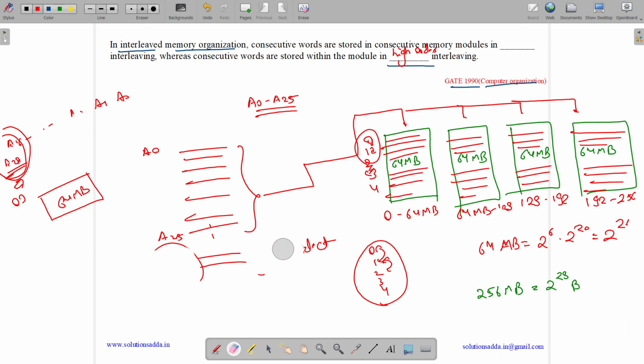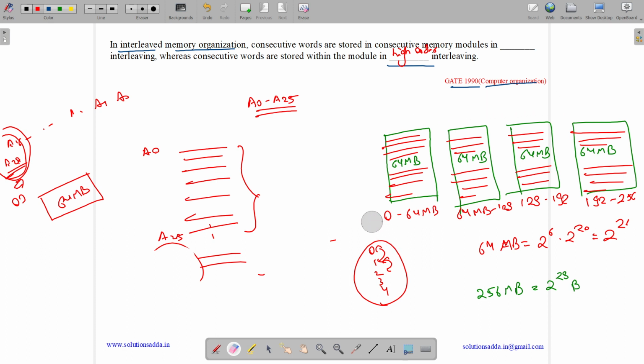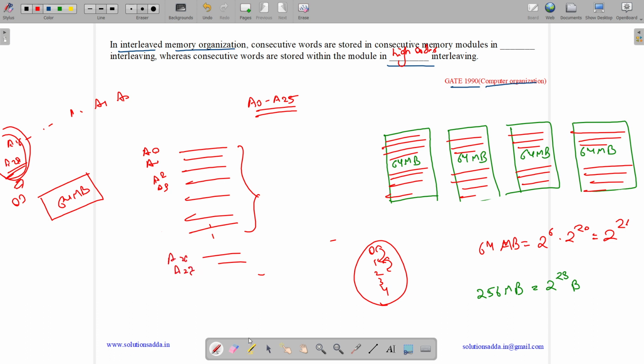Now we have another interleaving which I will explain to you. It is called low order interleaving. So how it works is something like this. We have addresses like this: A0, A1, A2, A3, up to A26, A27.